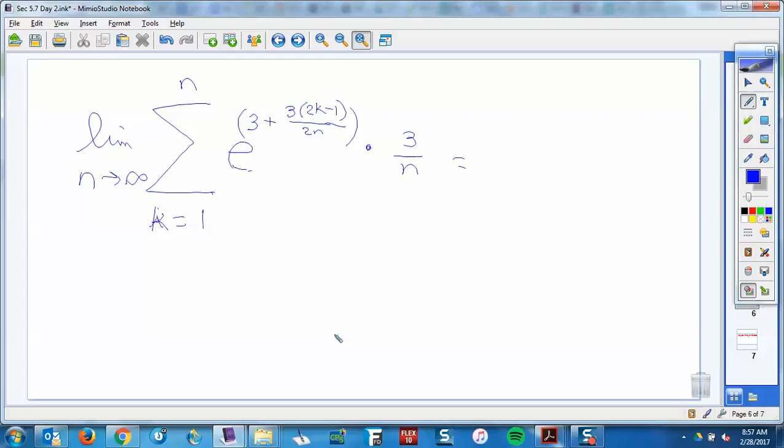Is it in the ands? Well, here's the thing. If your width is 3 100ths, the next one is 6 100ths, the next one is 9 100ths, right? So if your width is 3 over n, then your next width is 6 over n, and your next width is 9 over n.